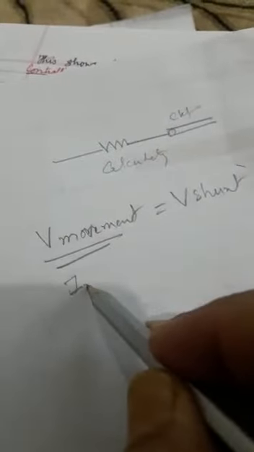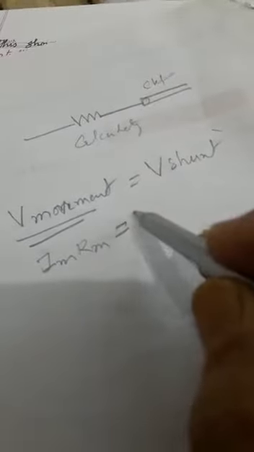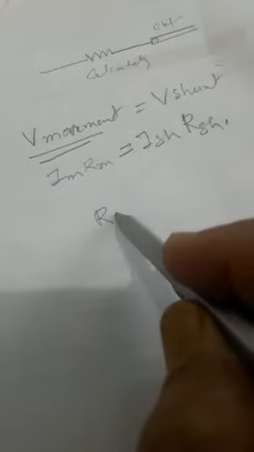So I can write IM RM is equal to ISH RSH. Taking RSH aside, RSH is equal to IM RM divided by ISH. This is your relation.